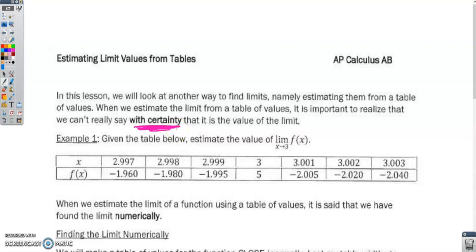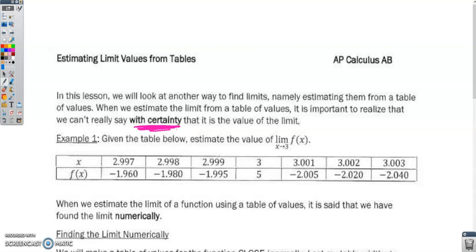Now, when we create a table of values ourselves, we're pretty sure about that, or at least we can continue to drill down and get closer and closer to the value where we're trying to find the limit to try and get a better idea of whether our limit value is accurate, but we're never actually certain unless we really drill down and get super duper close to that value. But most of the time, when we generate our own table, the conclusion that we're going to draw from the information that we see is going to be accurate.